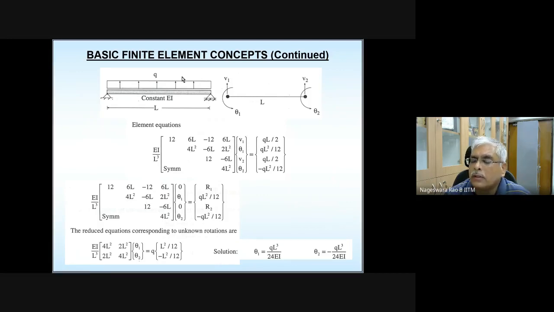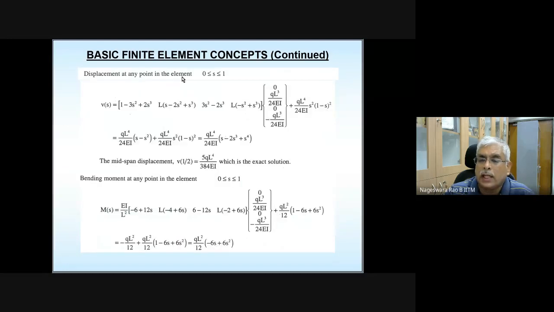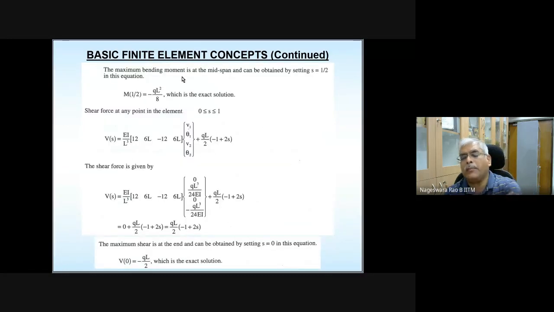If you have arbitrary loading condition, in that case you need to go back to your structural analysis and try to find fixed end solutions for those kind of things. Okay, any questions here? I'm going to wait for a minute. Any questions?